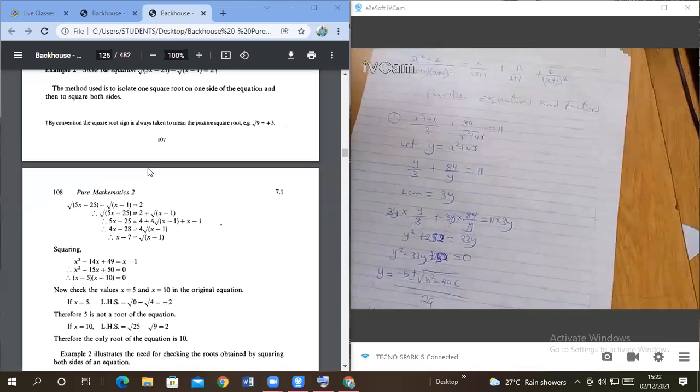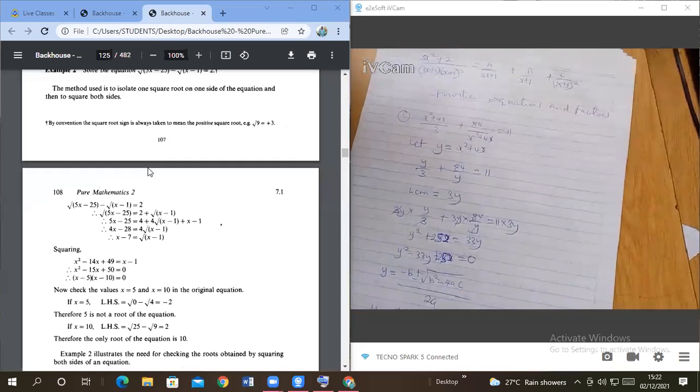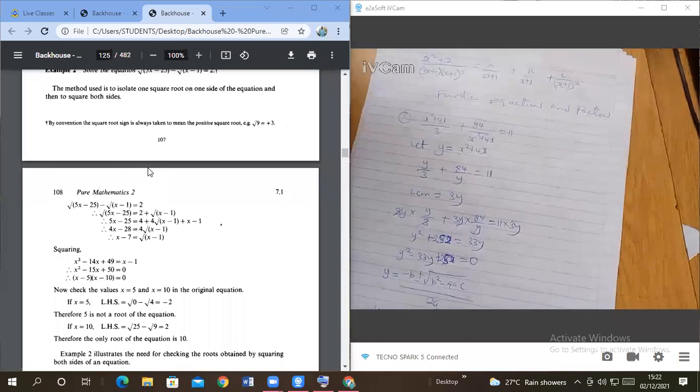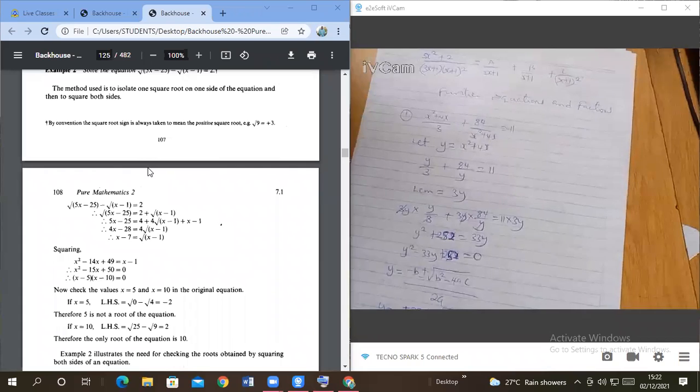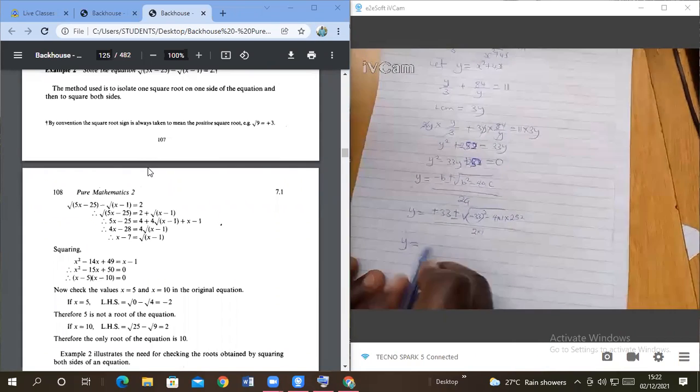So y becomes negative negative 33, which gives positive 33, plus or minus the square root of negative 33 squared minus 4 times a, which is 1, times c, which is 252. What is negative 33 squared? 1089.